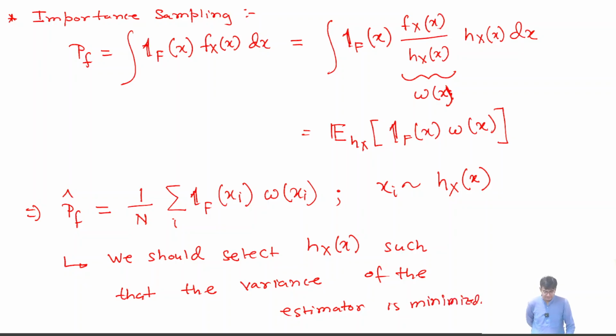We should select this hxx, the importance sampling density, in such a manner so that the variance of the estimator is minimized, variance of PF hat is minimized.